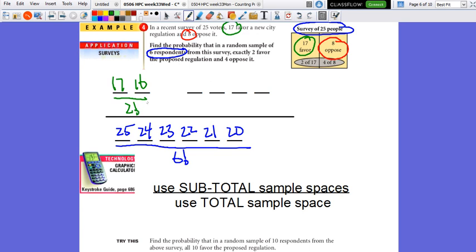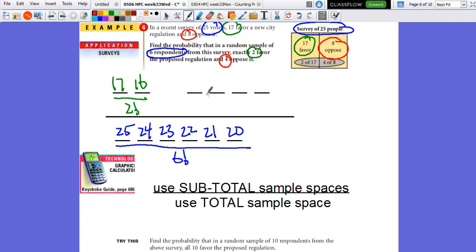Here, let me throw in some. This was green and this was red. Here, for the red, we are interested in 4 that oppose it out of the pool of 8.